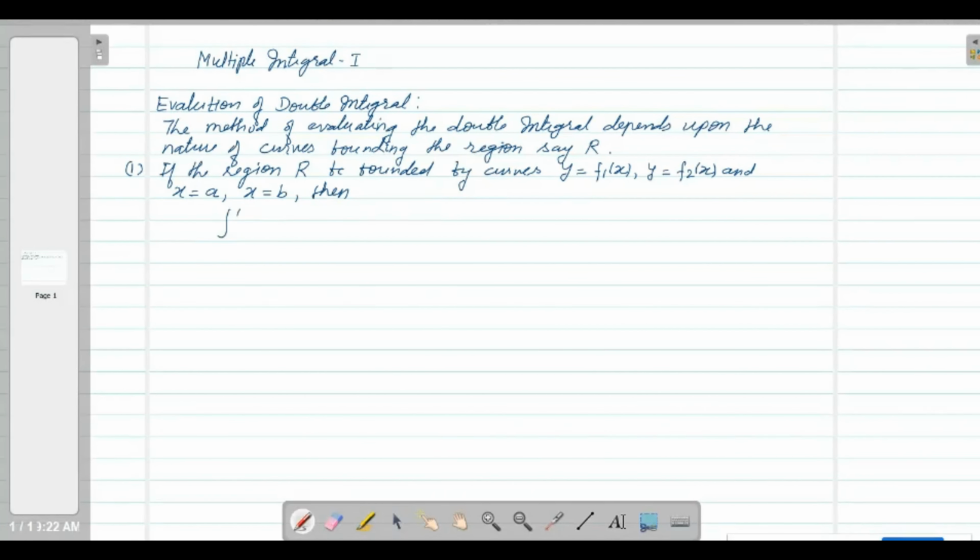Then the evaluation of the integral over the region R.